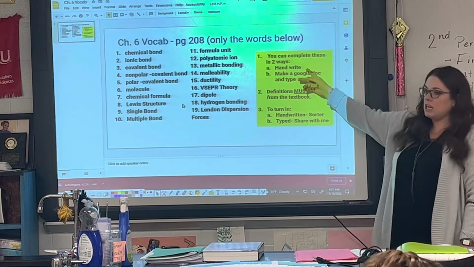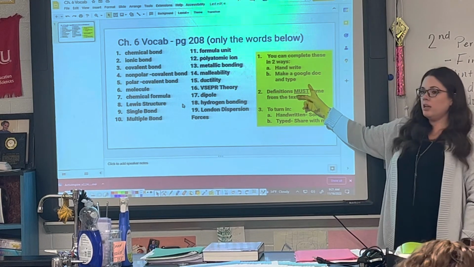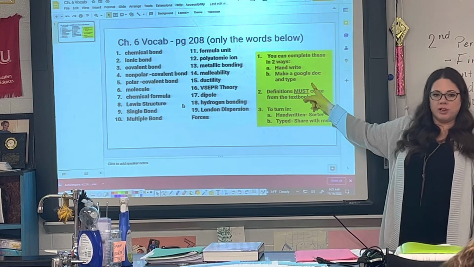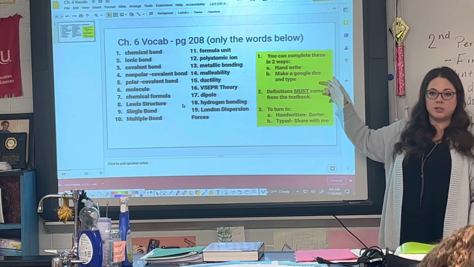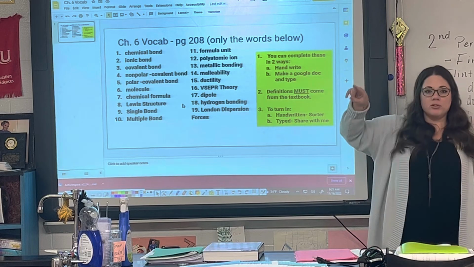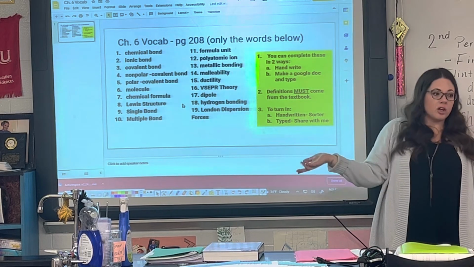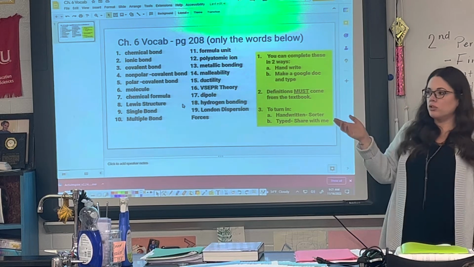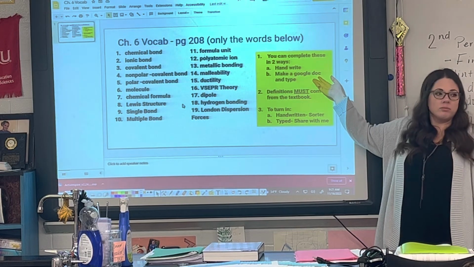You can handwrite them or you can make a Google Doc and type them. But I want textbook definitions. I don't want Google definitions if you type them. I also have the textbook posted in Google Classroom. I just don't have the glossary, which is why you might want to grab a textbook and get the definitions in the glossary. But you can go through the chapter and get the definitions too.